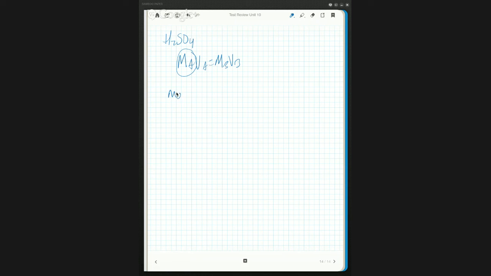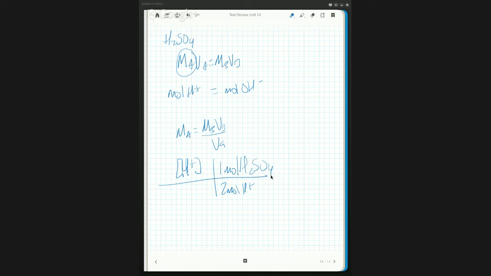Because this is the moles of H plus being equal to the moles of OH minus. And so if you solve for MA, MA is equal to MBVB over VA. If you solve for the MA, really that's the concentration of the H plus. And so if you want to get your H2SO4, you're going to have to say it's 2 moles of H plus to 1 mole of H2SO4. So that means you're going to have to divide that by 2.